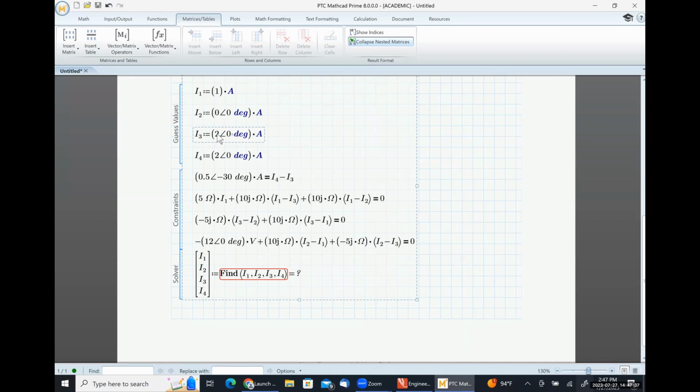I'm just being nitpicky, I don't know, kind of guessing that your 0.5 angle -30 DEG, that's not blue and the other ones are. That you might not be interpreting that correctly. Fair enough. And then you have a negative 12 angle 0 degrees on your last constraint there.